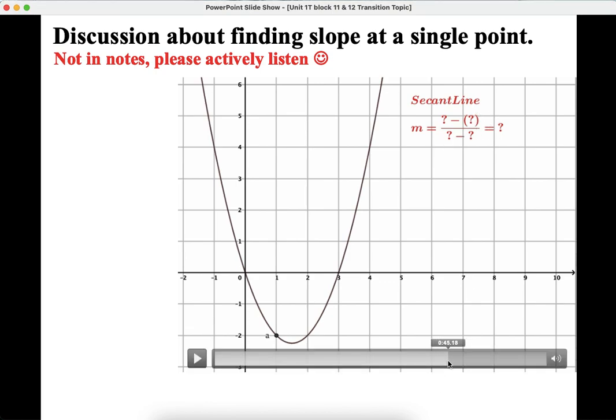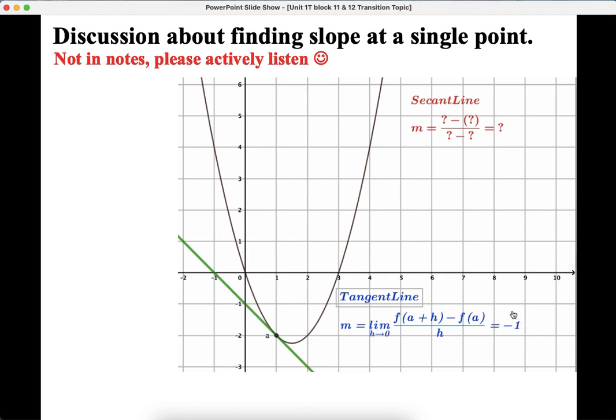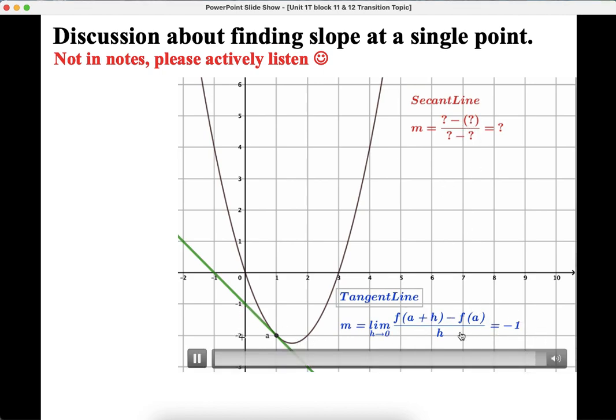There's our indeterminate form. And so to process that indeterminate form, we're going to have to do a limit method on this difference quotient. That's what we're really going after: how do we take this difference quotient and apply the limit?